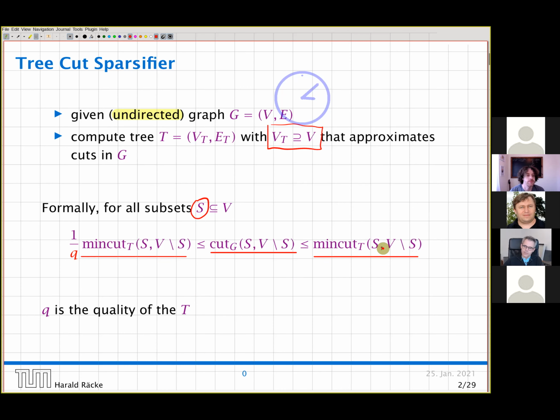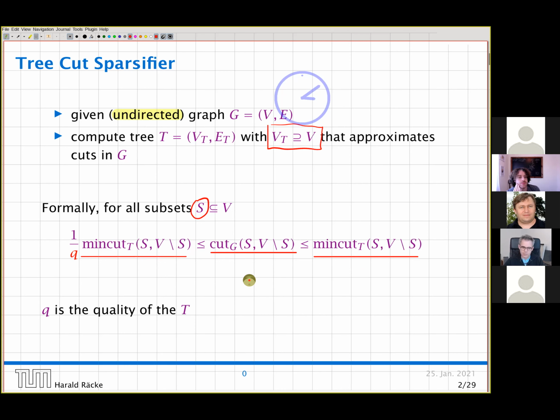All vertices in S also exist in the tree, and the vertices in V minus S also exist in T. T may have additional vertices, but now I look at the min cut that separates the vertices from S and the vertices from V minus S. I look at the min cut that separates these, and I denote its value, and then I want that the min cut in T is at least the size of the cut in G, and at most, so if I divide the cut in T by q, then this should be smaller than the cut size.